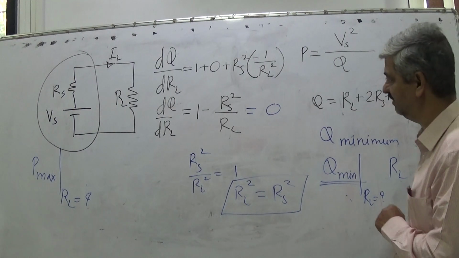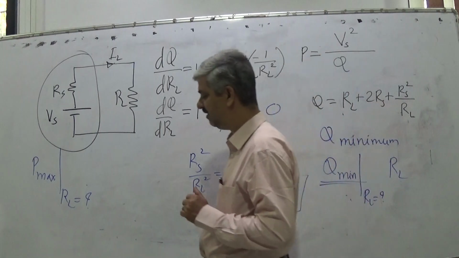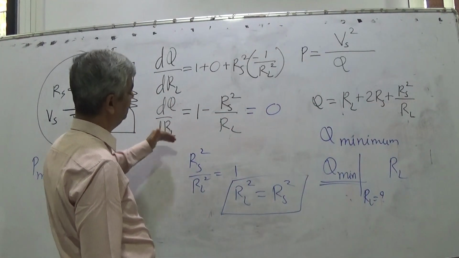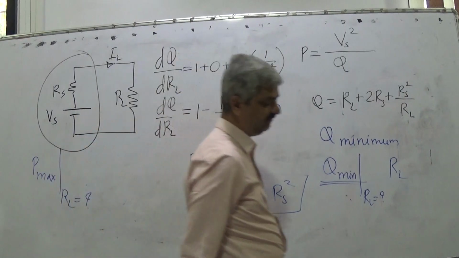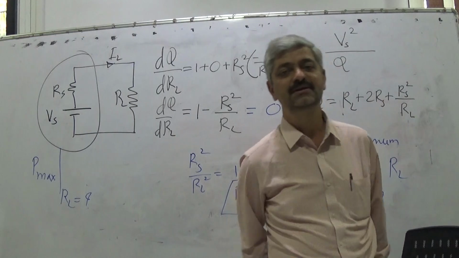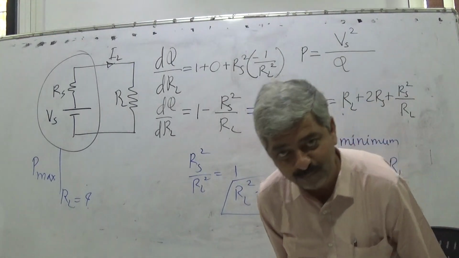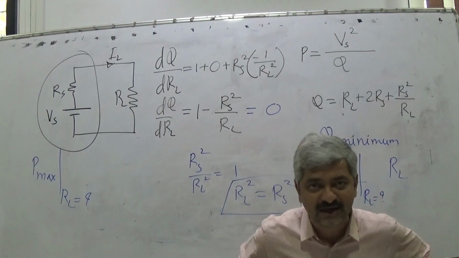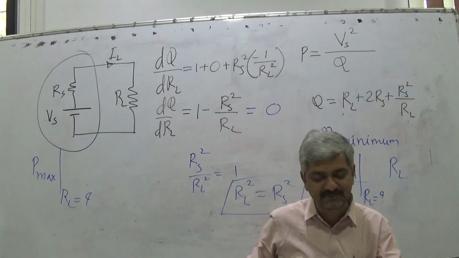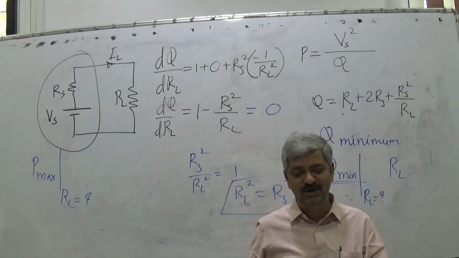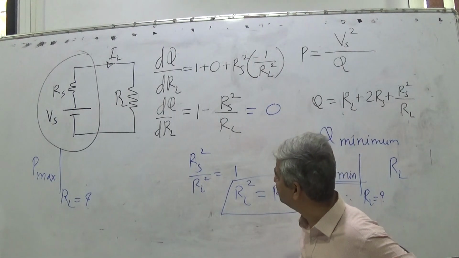Not necessarily. When the first derivative of an expression becomes 0, the slope of the function is 0. So it is either a minima or a maxima. To find whether it is minima or maxima, you have to double differentiate.